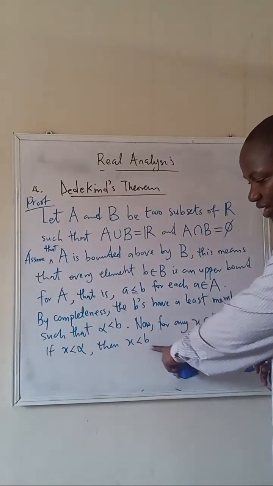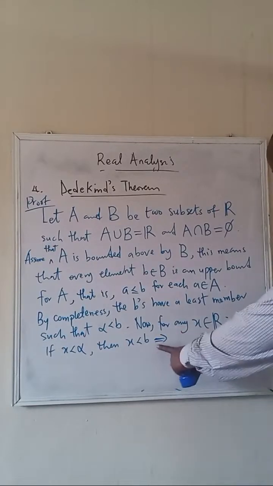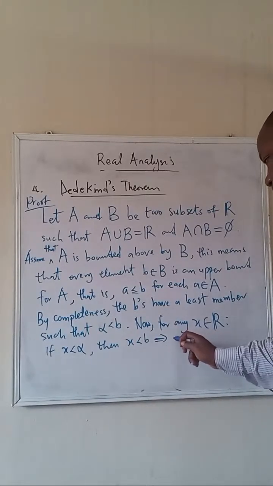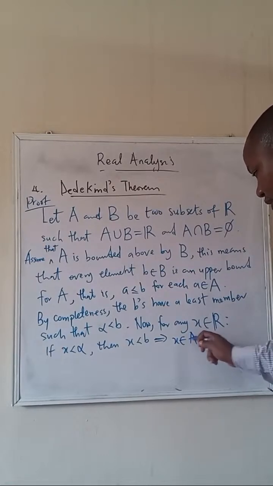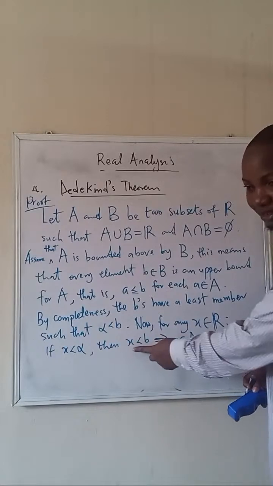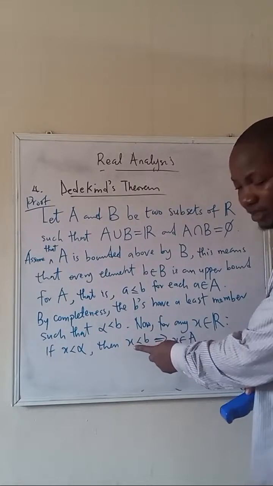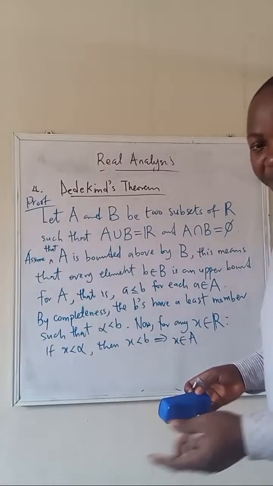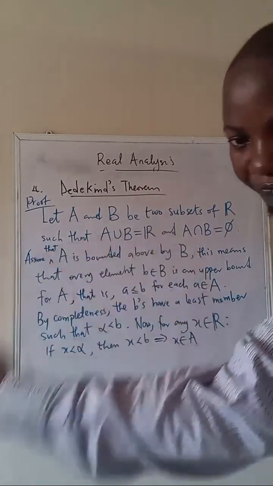And if x is less than b, this implies, don't mind I'm using the arrow to mean implies, x must belong to A. Because if you have an element x that is strictly less than b, it means that element cannot be any part of B. It will be part of A.